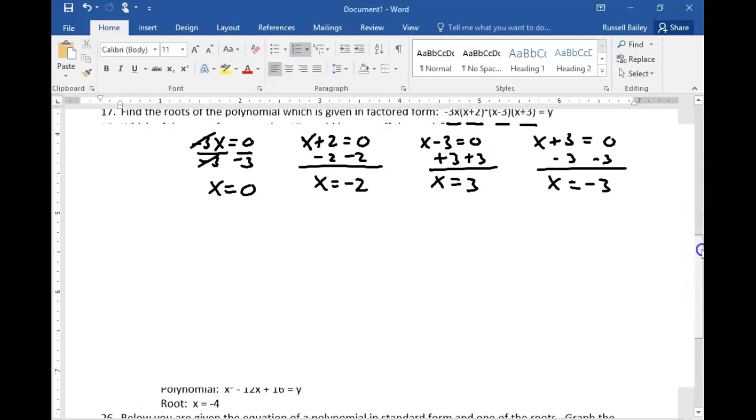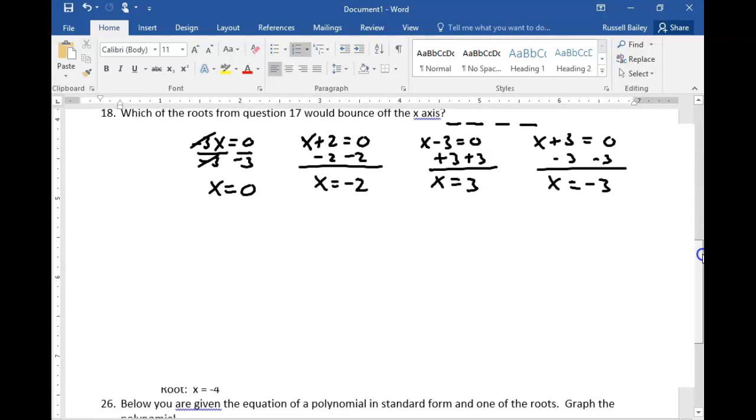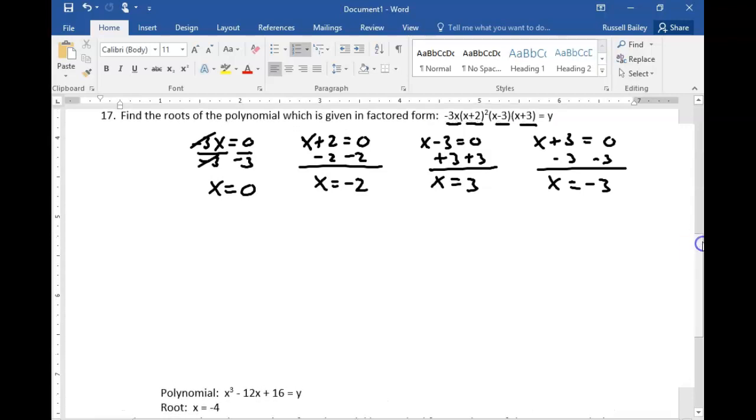Okay, moving on to number 18. Which of these roots from question 17 would bounce off of the x-axis? The way you can tell that is by looking at the original problem, and the one that has an exponent that's even is the one that's going to bounce.